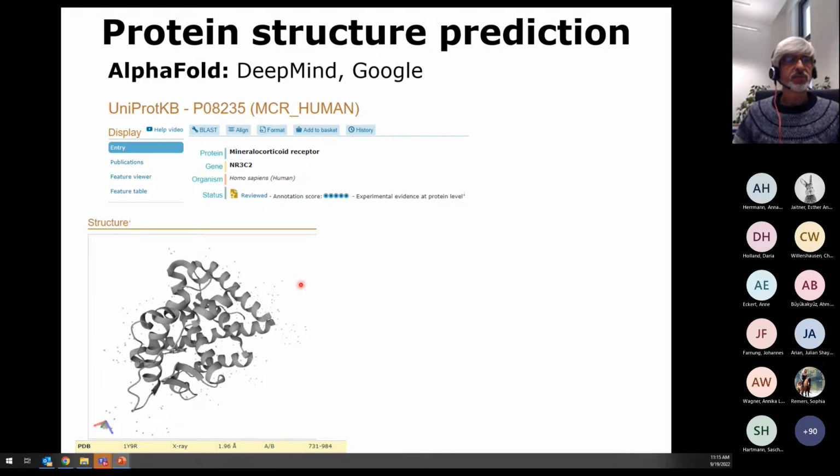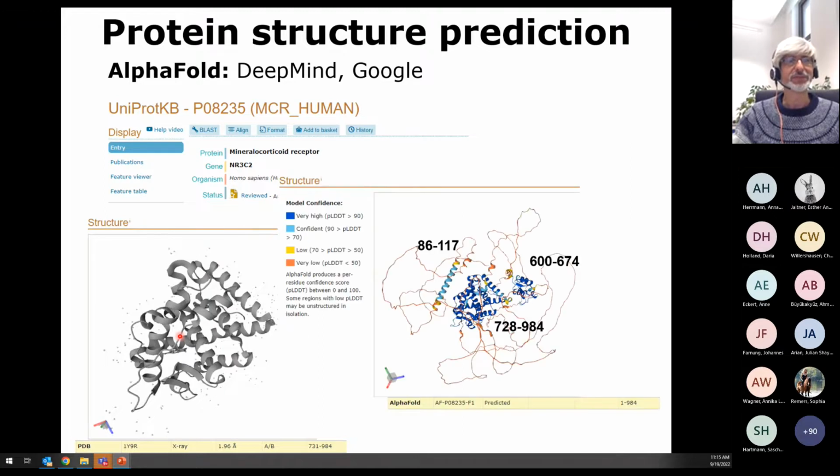And on the one side, of course, if there are PDB files, you can still look at those. Those are experiments, so it's useful to have them, and they have actually helped AlphaFold to do the nice job they do. But then, at least for now, for each human protein you have a prediction of a structure which will look like this one.